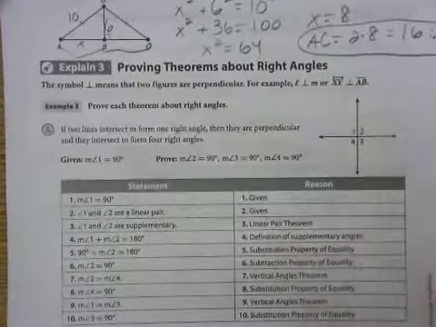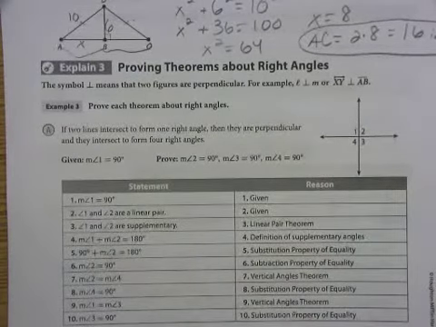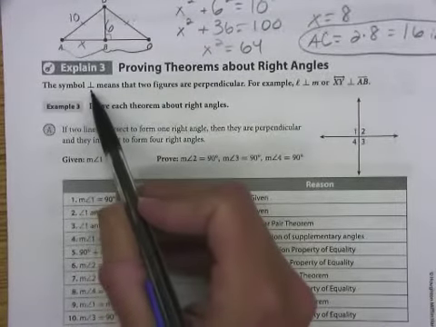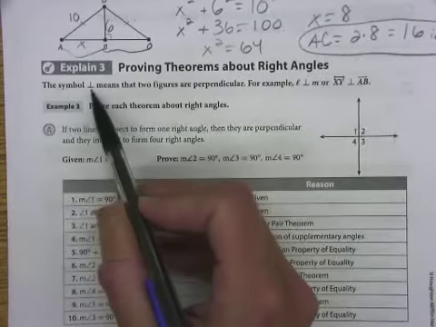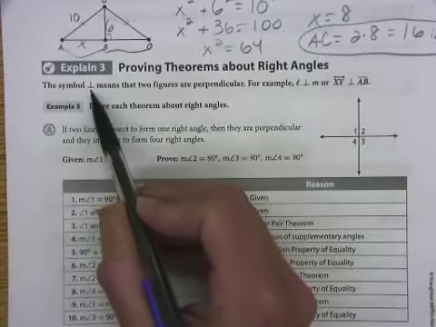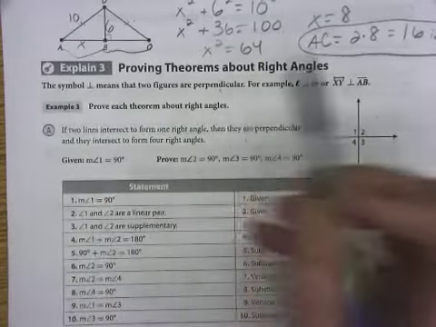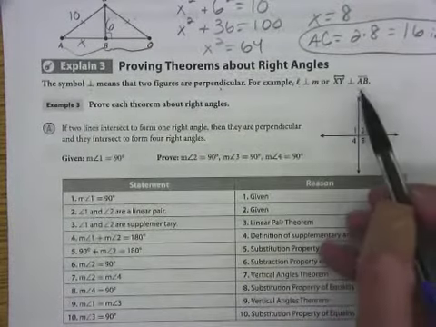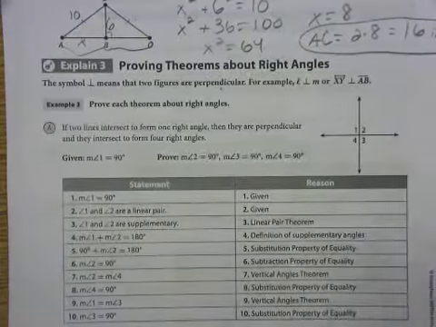In Explain 3 of this lesson, we have some more properties of perpendicular lines. First, we have this symbol representing perpendicular. Anytime you see this kind of upside down capital T, that means that two things are perpendicular. So I could be saying L is perpendicular to M, or line XY is perpendicular to segment AB.